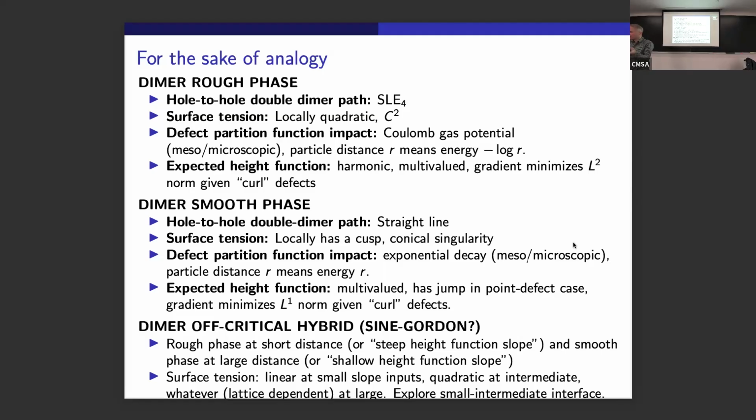You're going to have this 6 vector instead of a 2 vector, you assign a number to each of those, and you ask, does this function have a cusp at 0? And our belief is that this distinction, whether you have a cusp or not, is also related to massive versus massless, exponential decay versus not exponential decay, area law versus not area law, the same sort of dichotomy in this setting.